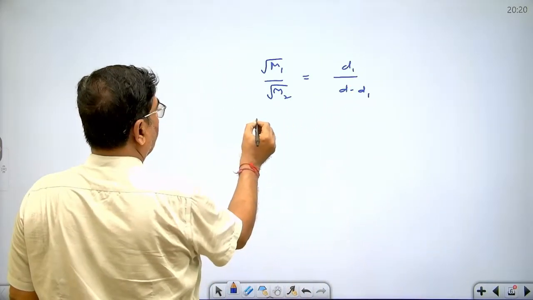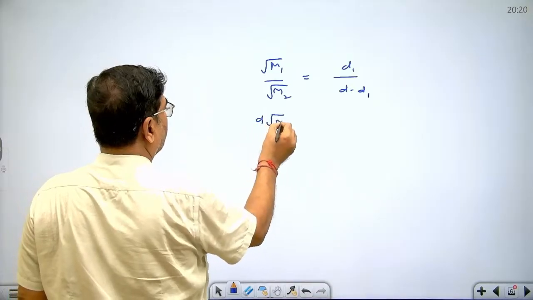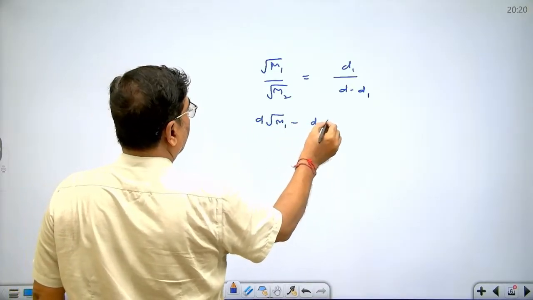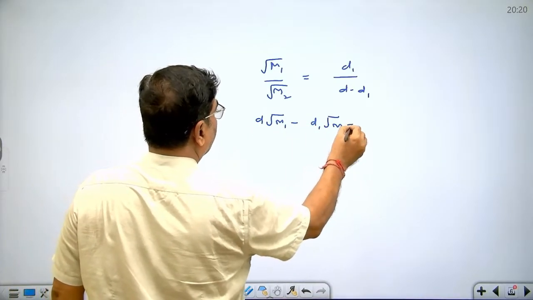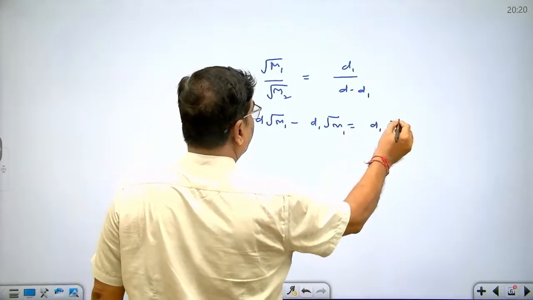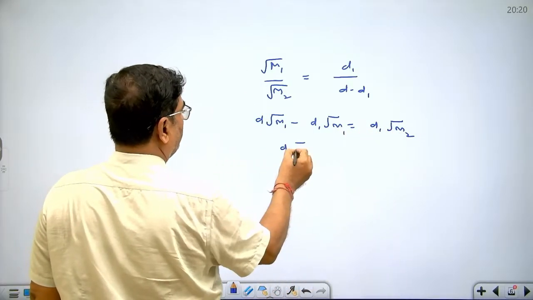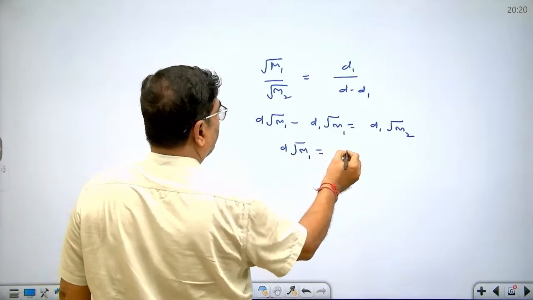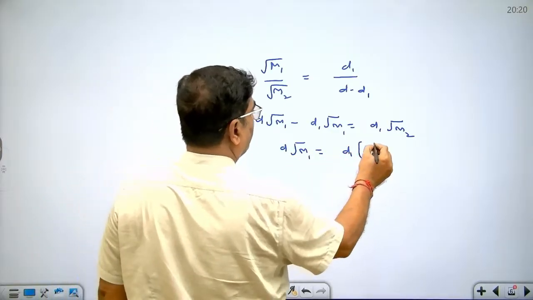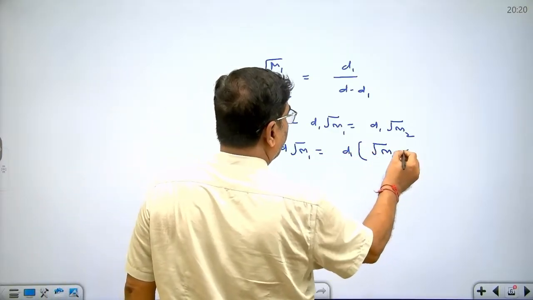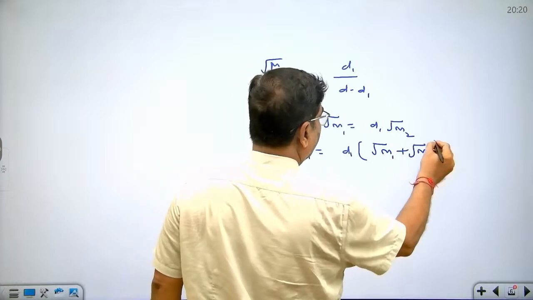Make the cross multiplication: d root m1 minus d1 root m1 equal to d1 root m2. So d root m1 equal to d1 times root m1 plus root m2.